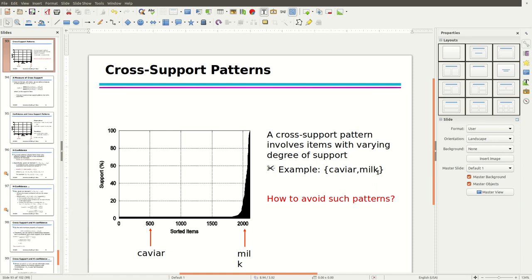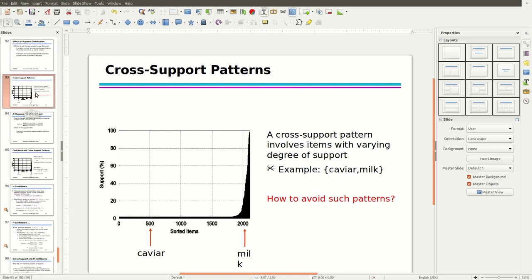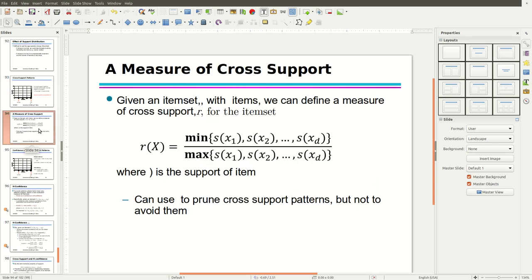Just because caviar happened to occur with milk, it doesn't mean that it is actually real, because milk has already been there so many times, right? So milk is lifting the caviar's probability as if it is interesting, but it really does not look like it. So we can eliminate those patterns that are not really interesting because they happen to be supported by the other item in the item set.